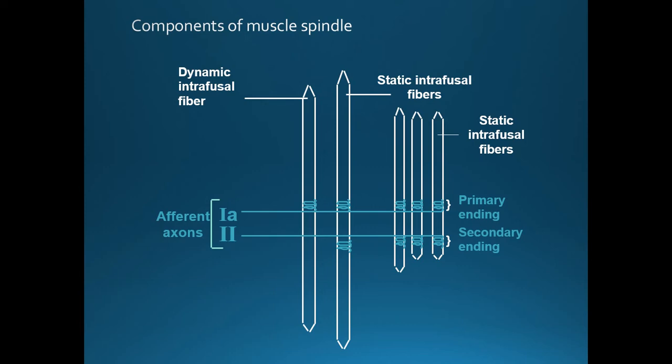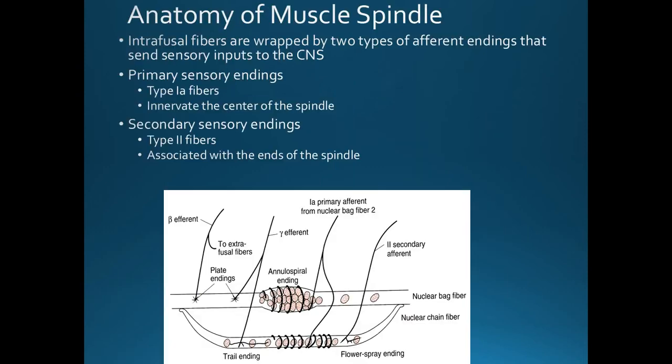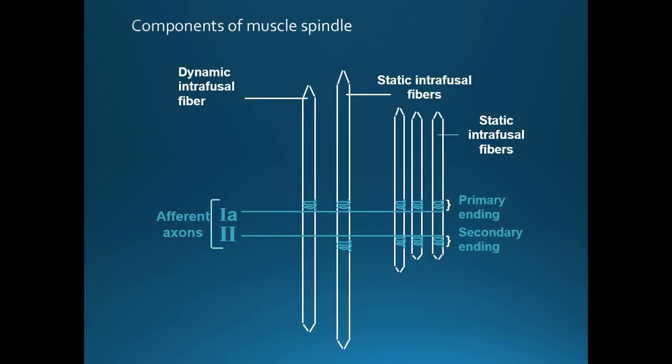This figure is an example of the components of the muscle spindle. In this figure, we show the dynamic intrafusal fibers, with type Ia sensory receptors or sensory endings, and the efferent axon.